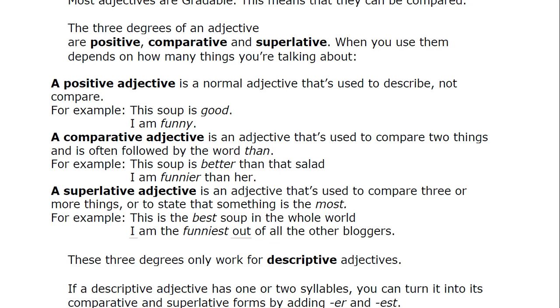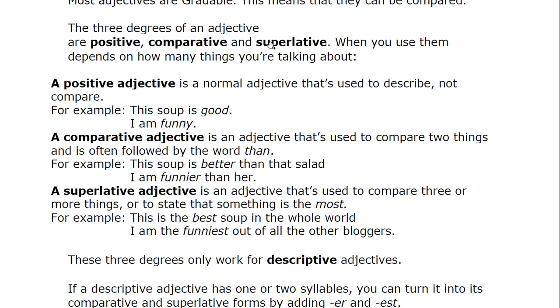Okay, so this positive, comparative, and superlative we are talking about will be used according to the number of things you are talking about. If you're talking of just one thing, you use the positive degree. If you're talking of two things, you use the comparative degree, because you're comparing between two things, which is bigger.